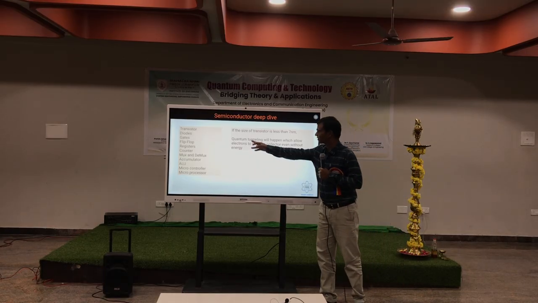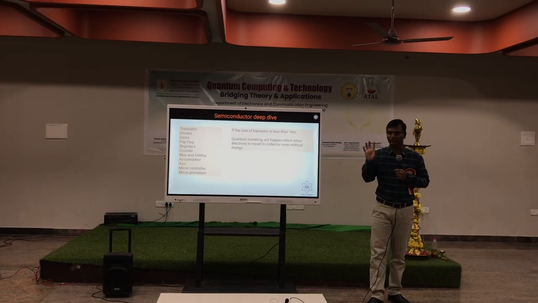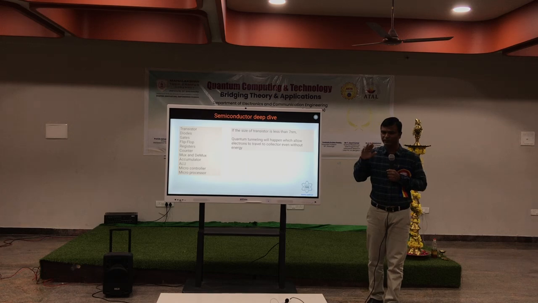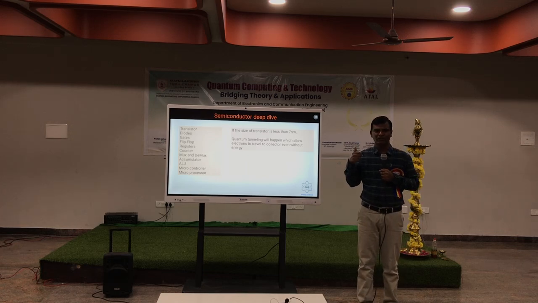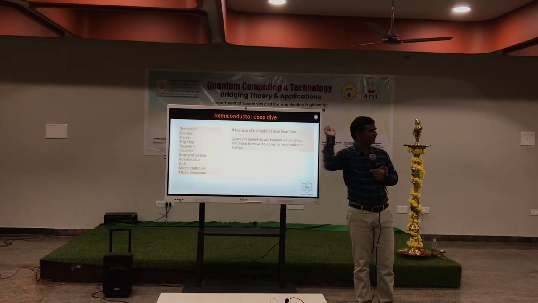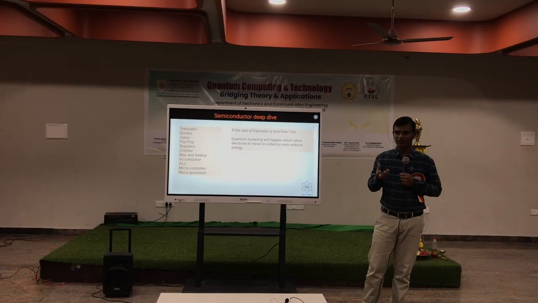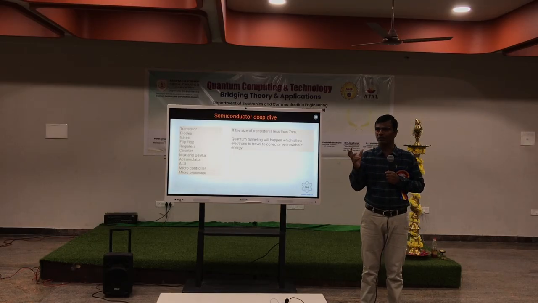Okay, and here what is meant by quantum tunneling? Quantum tunneling is one of the main topics which keeps coming. Suppose you have a ball and you hit it against a barrier, it will come back, because the ball is visible to us and has some mass.